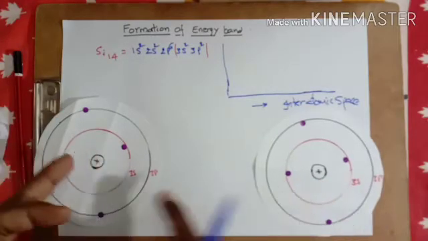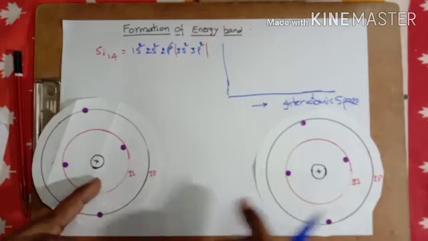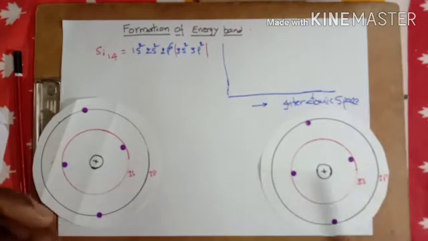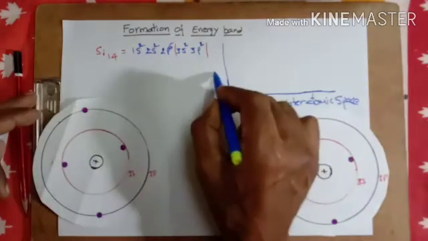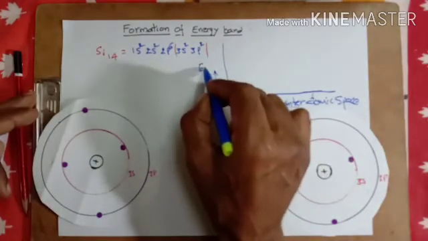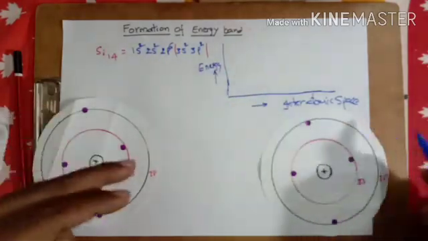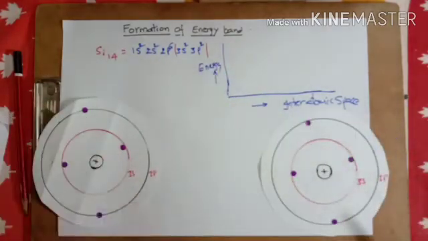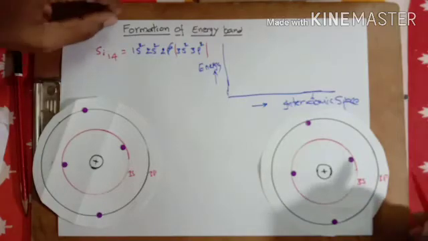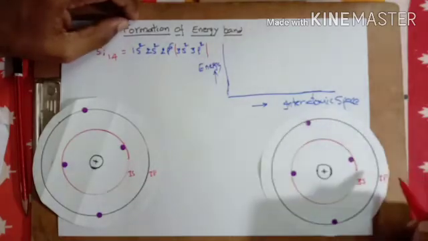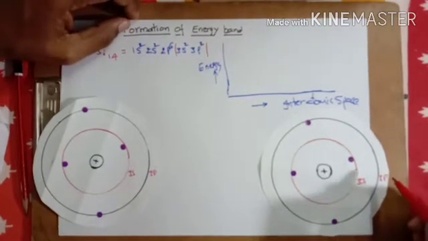So let us say I have just taken 2 atoms here, and these 2 atoms are very far. The distance is very far, I suppose. And in the y-axis, I have taken the energy of the electrons, energy levels. So 2 things are there here: the energy states and the electrons which are occupying those energy states.